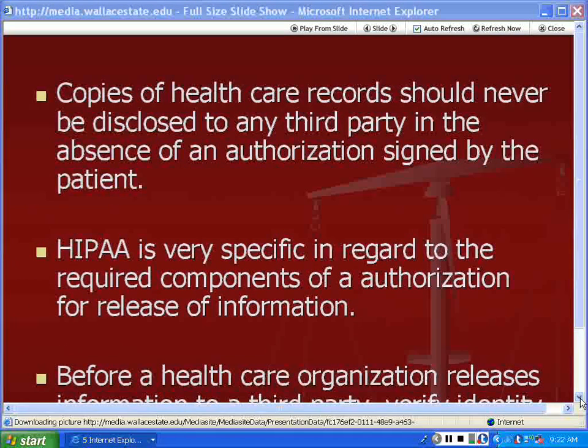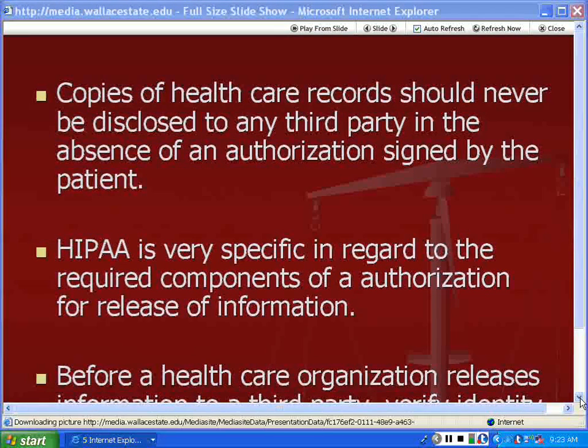Of course, we would never send anything if we thought it was false, for example if somebody says send it to this address and it's not really an insurance company, then we would not send it. But that's what I'm talking about: verifying the identity of third parties that are requesting information, even when they have an authorization signed by the patient.